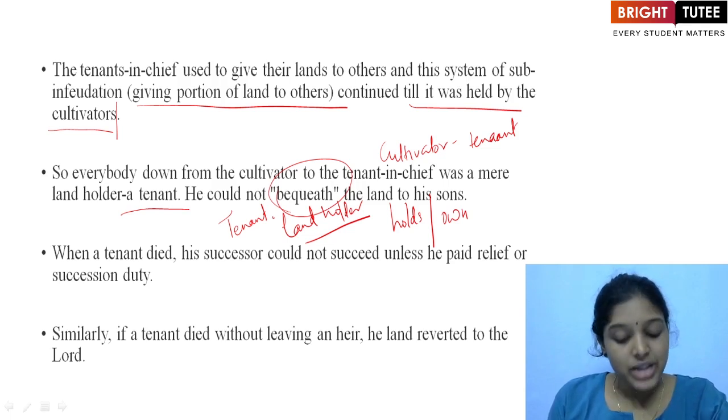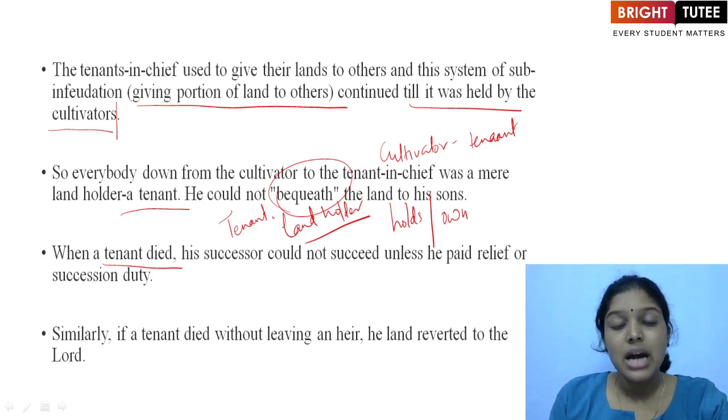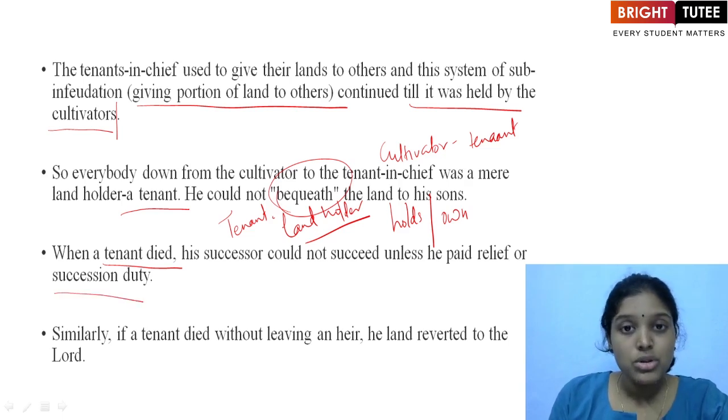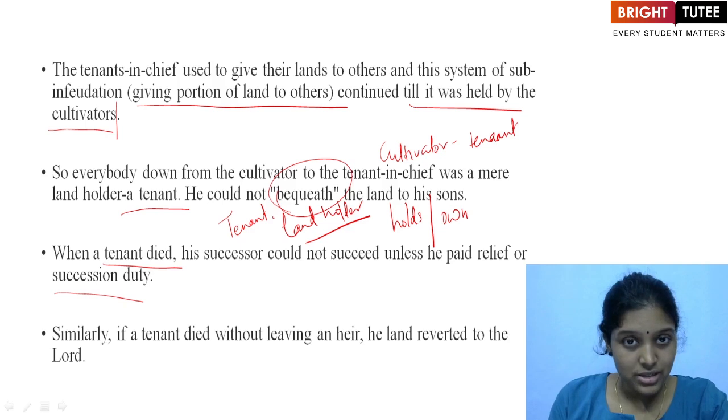And when a tenant died, his successor could not succeed unless he paid relief or succession duty. So another feature is, when a tenant died, the successor or the sons or the children of this tenant could not own the land unless he paid a relief or a succession duty. So a certain amount of money was to be given to get the right to hold the land.